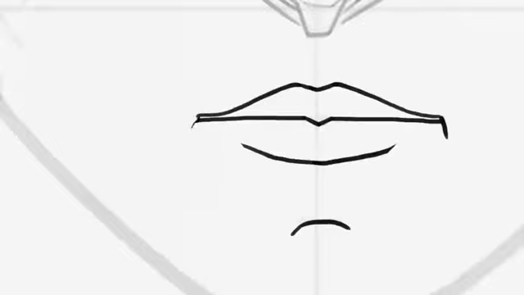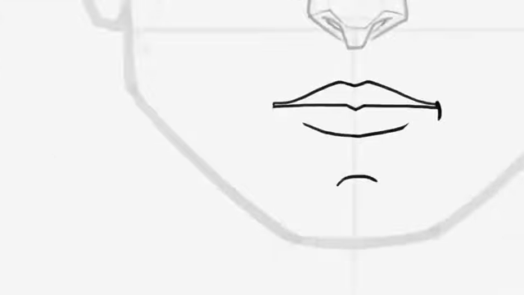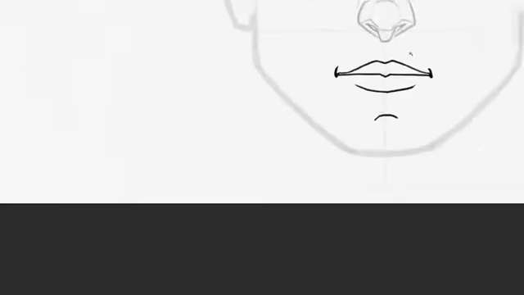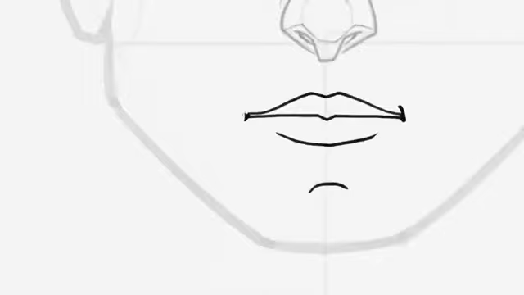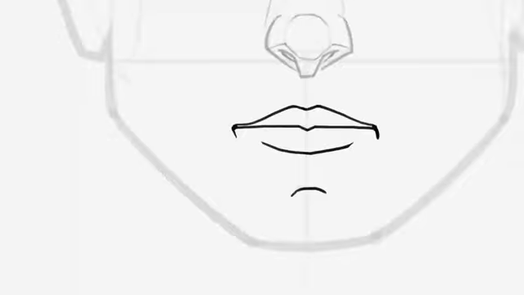Now let's have a look at what we can do with the corner commas first. They can go upwards or more downwards, more thick or thin, or you can also experiment with more crazy shapes for the corners of the mouth.